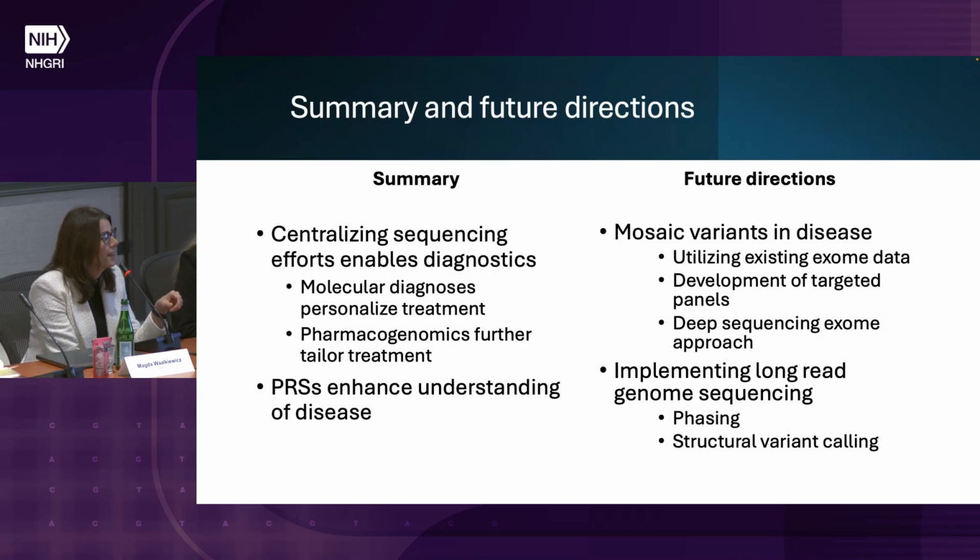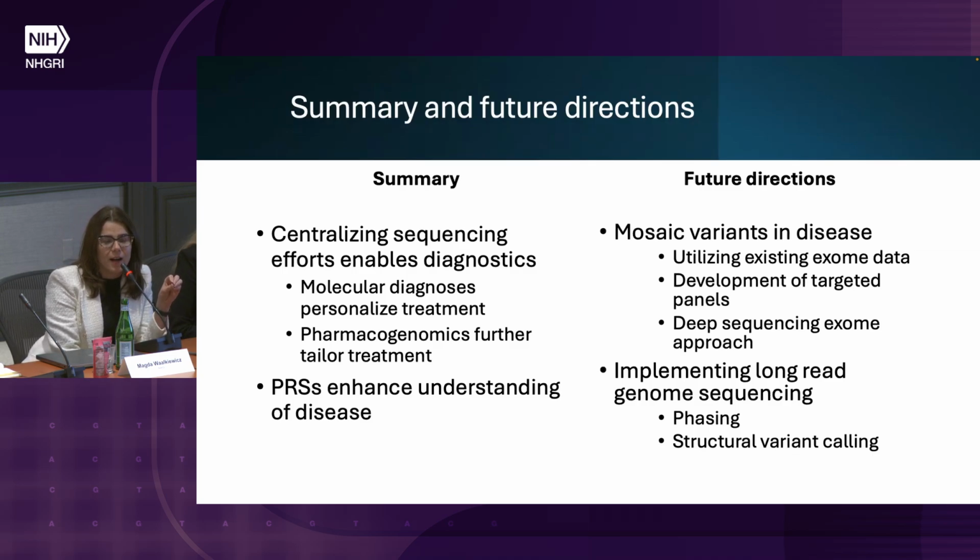And then last but not least, I am personally, and I think a lot of people on my team, super excited about the possibility of changing from short-read genome sequencing to long-read genome sequencing, as this new technology allows us not only to phase variants, for some of our older patients where parents are not available, or they don't have children that want to participate, or just no way to phase some of these changes, but also to really start to understand some of these difficult-to-sequence regions because of either self-chains or pseudogenes and so forth.